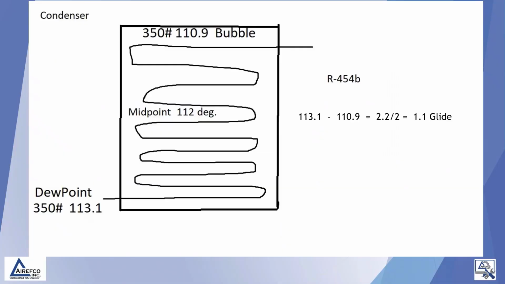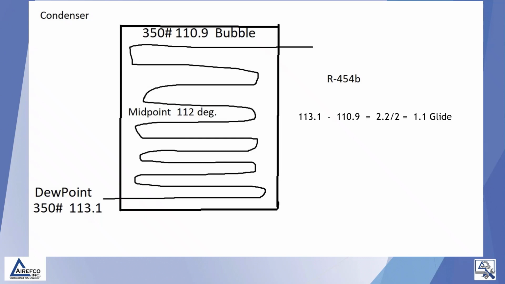In this video, we're trying to explain to you the glide of different refrigerants. One of the other things that we're trying to accomplish is to establish that the R454B refrigerant, which is coming to the field in about a year or so, is not a zeotrope mixture. And like R410A that you're familiar with, you can top it off and you don't have to worry about different boiling points.